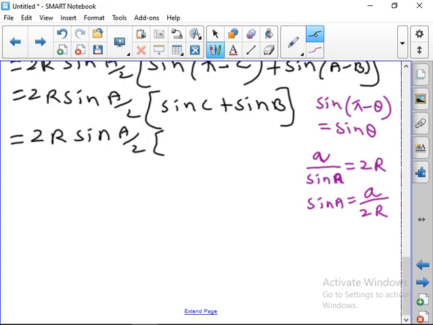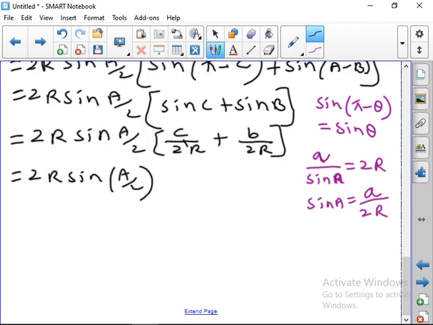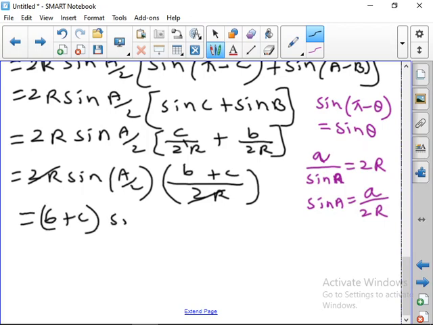Therefore what is this? C by 2R plus B by 2R. What is the LCM? So it is equal to 2R sine A by 2 into LCM is 2R. So numerator we have B plus C. So this 2R gets cancelled. So it is equal to B plus C into sine A by 2, which is equal to the right hand side. Hence we have proved.